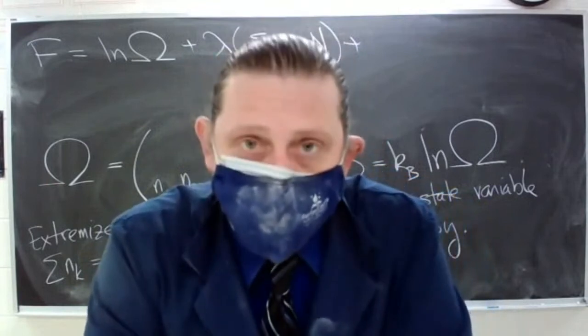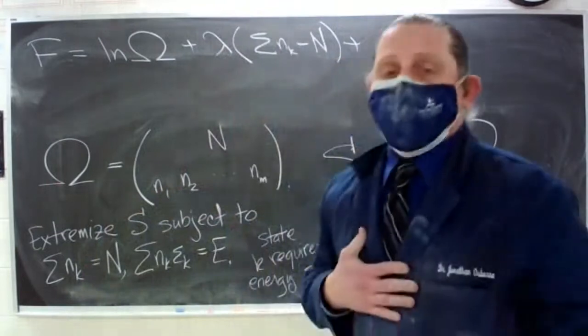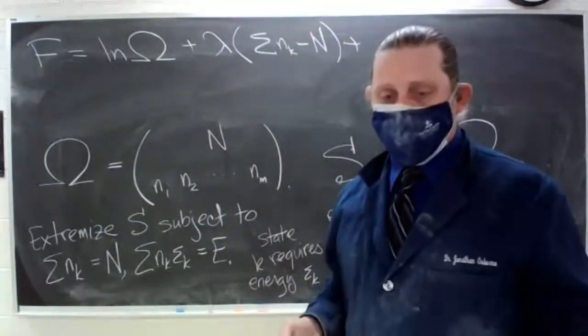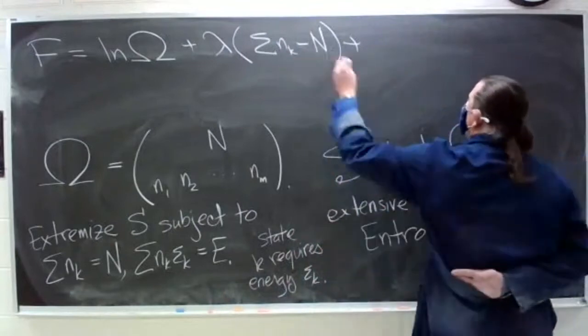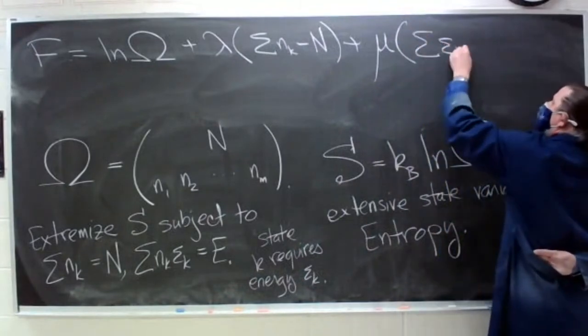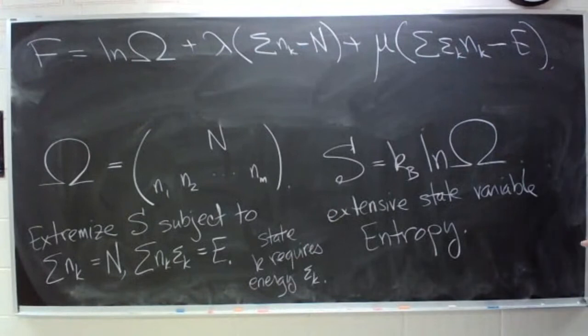Please do not confuse the chemical potential mu with our Lagrange multiplier mu. It's only going to be here for a couple of minutes, then it's going to go away. Placeholder.